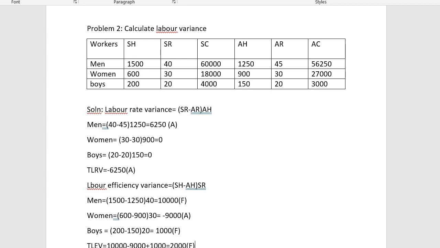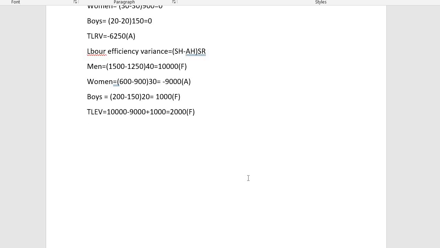Next we can solve labor cost variance. Labor cost variance is equal to standard cost minus actual cost, right?